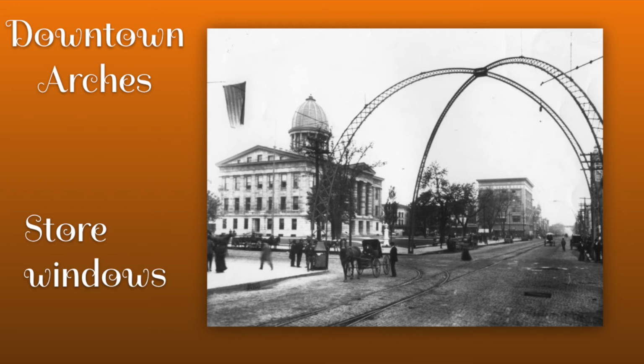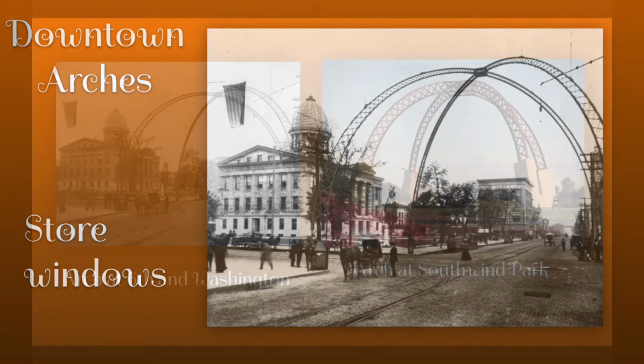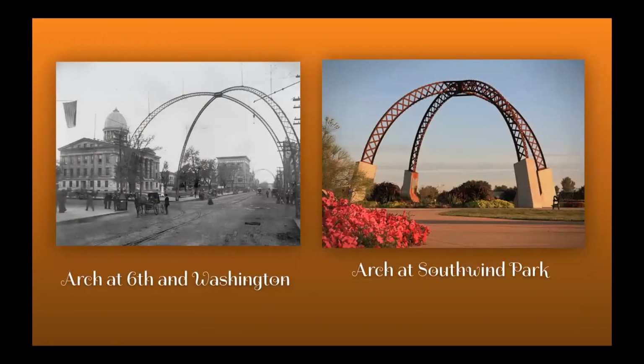However, later in 1920, William Conklin said the arches had definitely served their purpose and should be demolished. All of Springfield was in agreement. Ironically, 112 years later, in 2011, designers for the arches at Springfield's Southwind Park looked to the 1900 arches for inspiration.